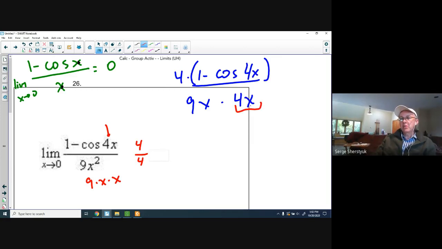I want to match up my angle to this value. So the limit of all of this part right there is 1.